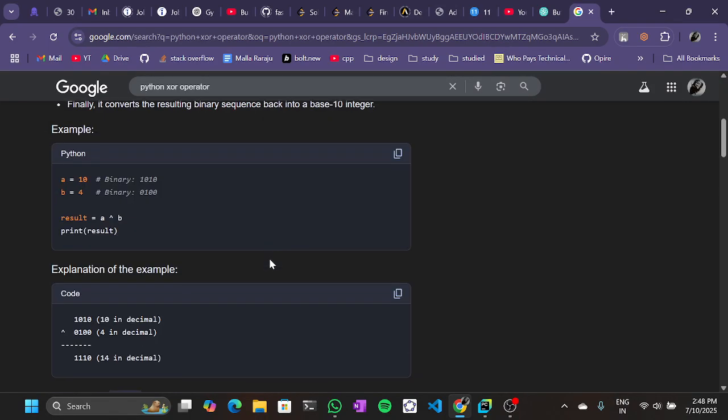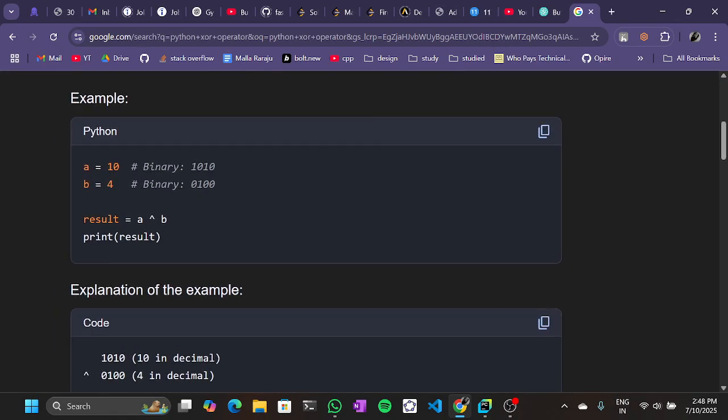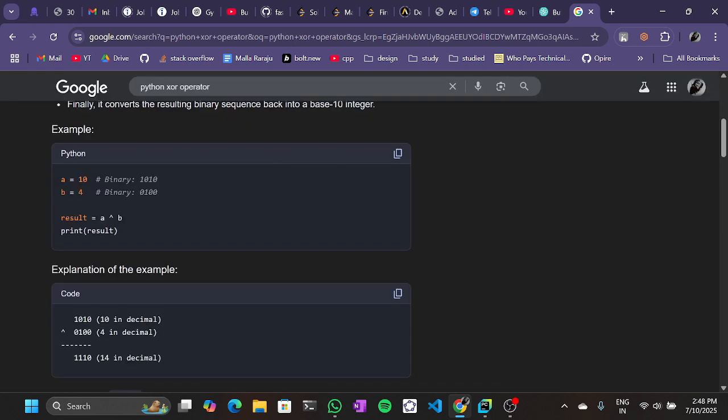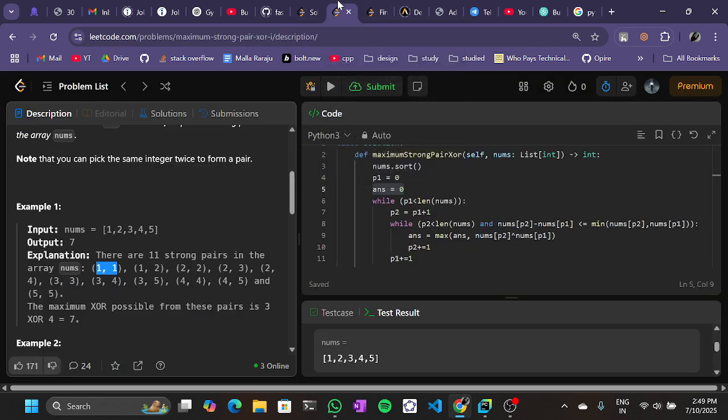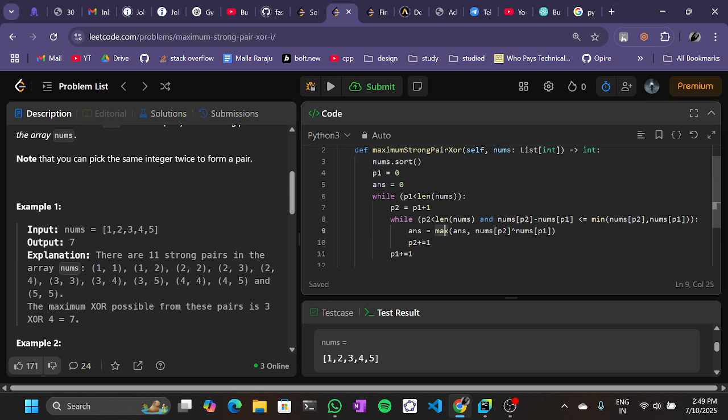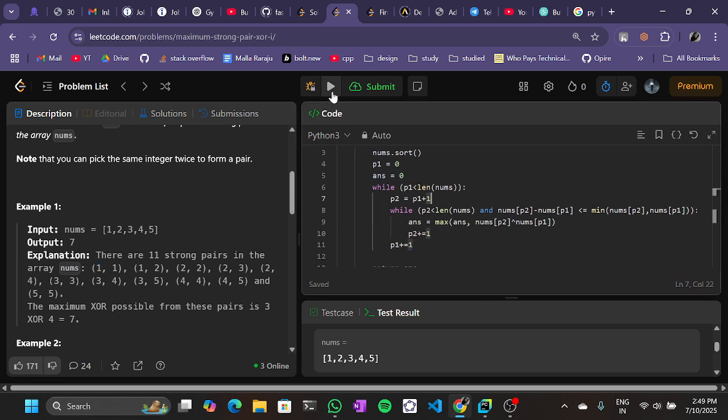Let's check it. Consider we have taken 10. Taking 10 again will give us 1010 and 1010, which, since it is following the same pattern, will always encounter 0 with a 0 and 1 with a 1. So it will always be 0. So we are avoiding that one case.